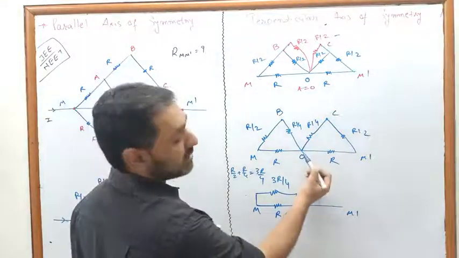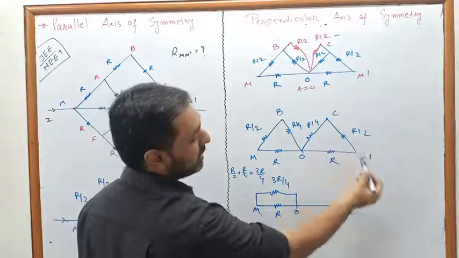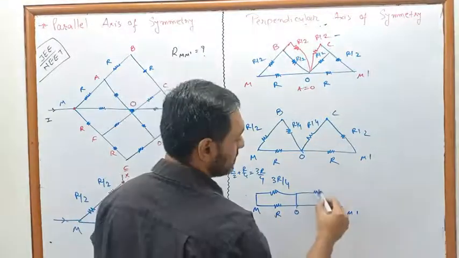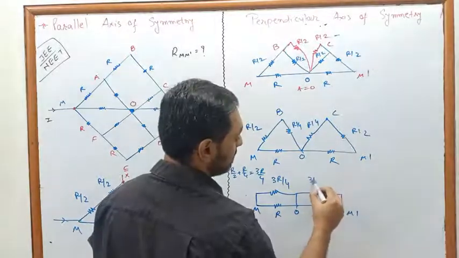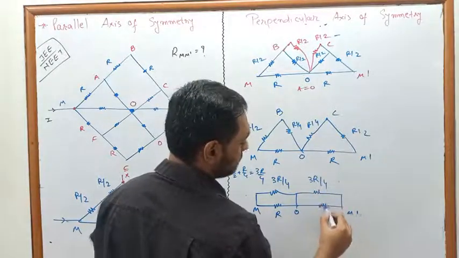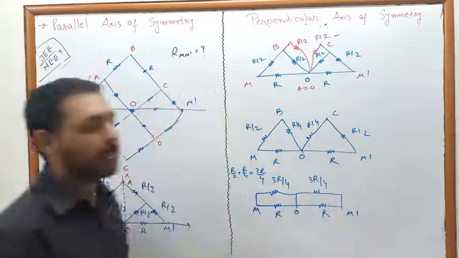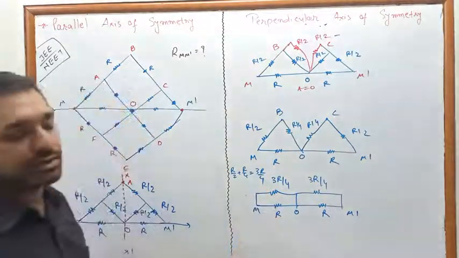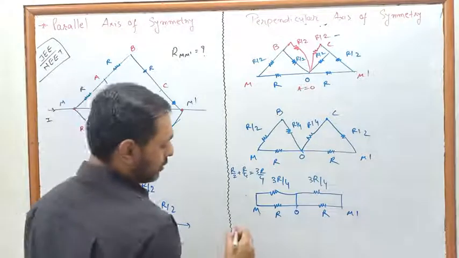Similar case, consider this path O, C, M dash. R by 4 and R by 2 are in series. So you will get 3R by 4. Okay. Now 3R by 4 and R, these two are in parallel.